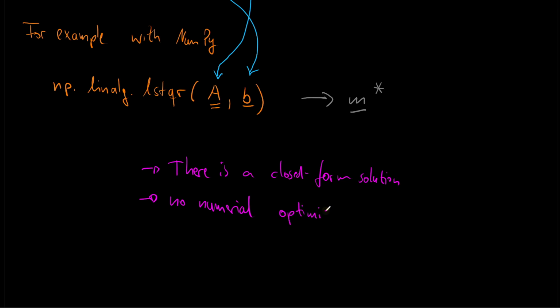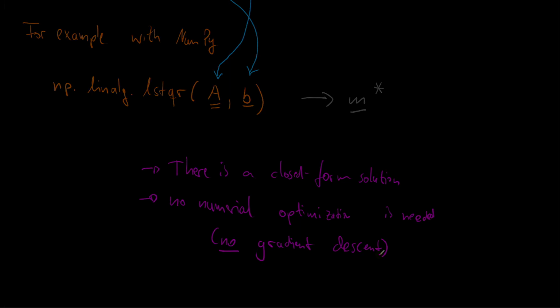And why am I emphasizing that? This means no gradient descent. So probably this is the typical algorithm you find here. And often if you don't have to use gradient descent, you tend to be faster. And also on top of that, you are more reliable, more accurate, and so on and so forth. And that's something that is an extreme advantage of linear regression.